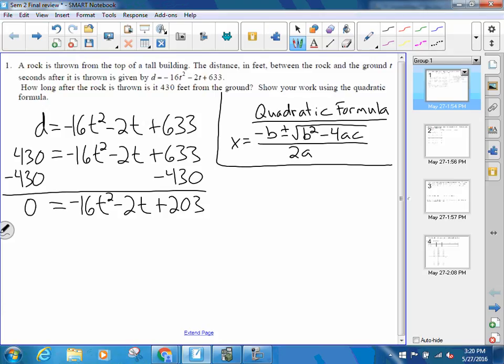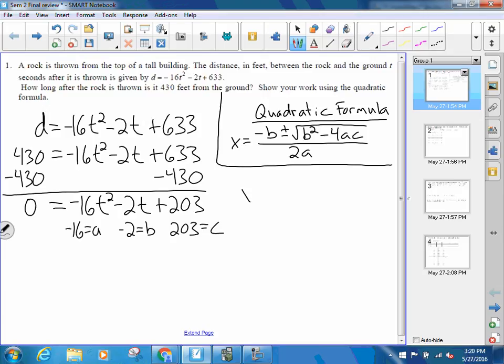Okay, so now that I have it equal 0, you'll notice in the quadratic formula we've got A, B, and C. Well, negative 16 is your A, negative 2 is your B, and 203 is your C. So we're going to go ahead and plug those into the quadratic formula.